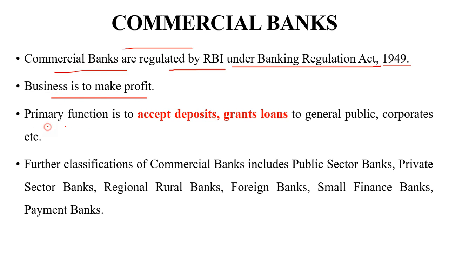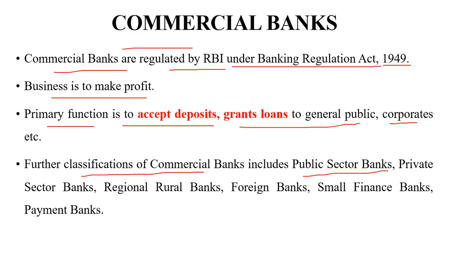The primary functions of a commercial bank are to accept deposits and grant loans to the general public or corporates, etc. These commercial banks are classified as public sector banks, private sector banks, regional rural banks, foreign banks, small finance banks, and payment banks.